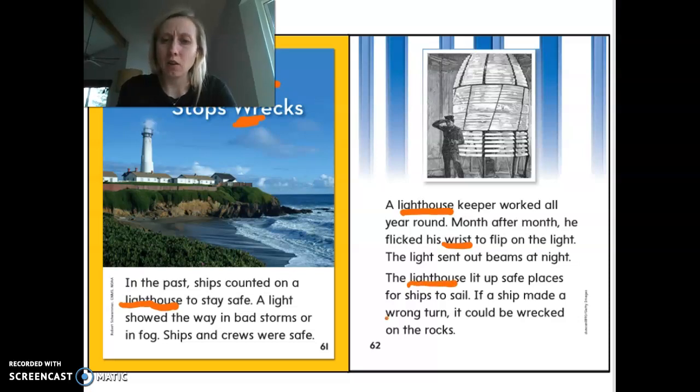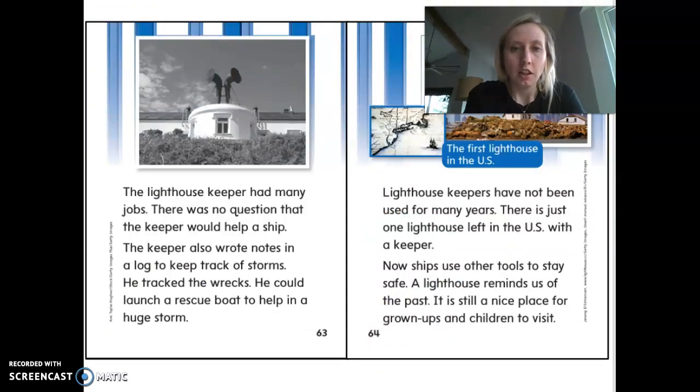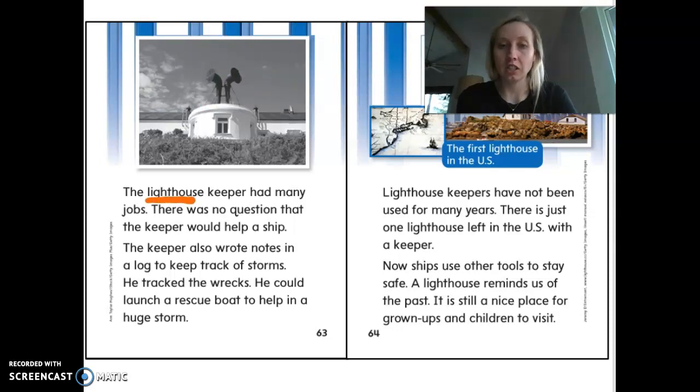If a ship made a wrong turn, it would be wrecked on the rocks. Okay. The lighthouse keeper had many jobs. There was no question that the keeper would help a ship. The keeper also wrote notes in a log to keep track of storms. He tracked the wrecks. He could launch a rescue boat to help in a huge storm.